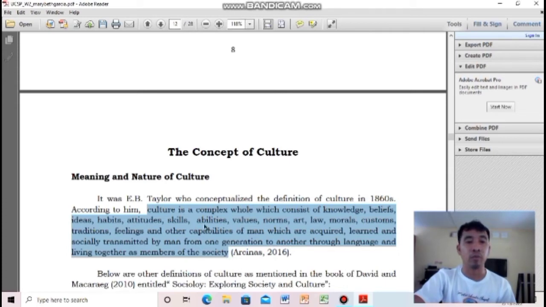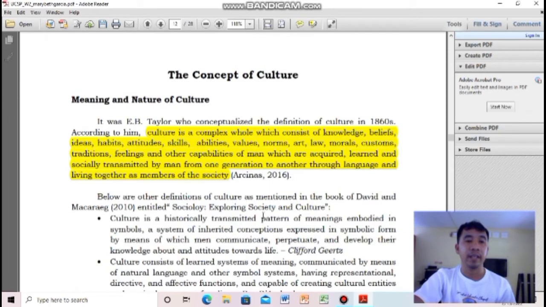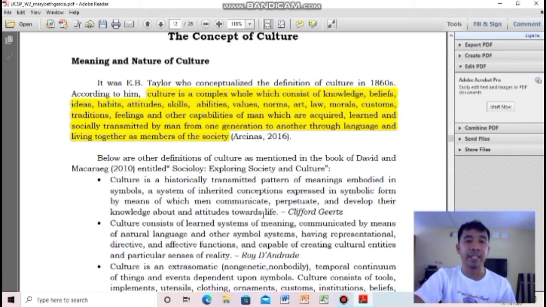So, amo ni ang kultura, no? Tama ka complex, gid man kay kadamo sang iya nga mga nasasakupan nga aspeto. Okay. Below are other definitions of culture as mentioned in the book of David and Makaraeg entitled Sociology, Exploring Society and Culture.